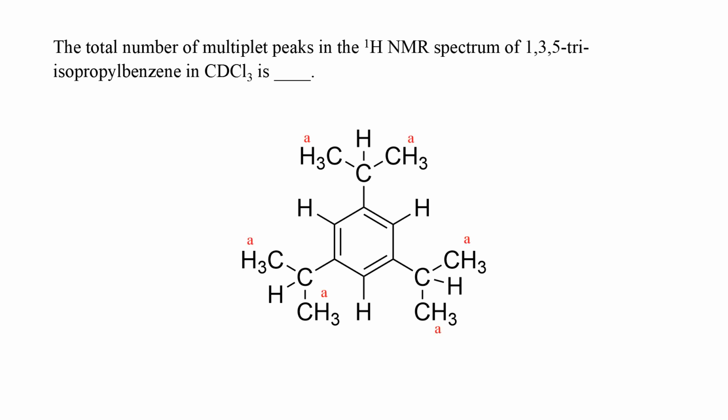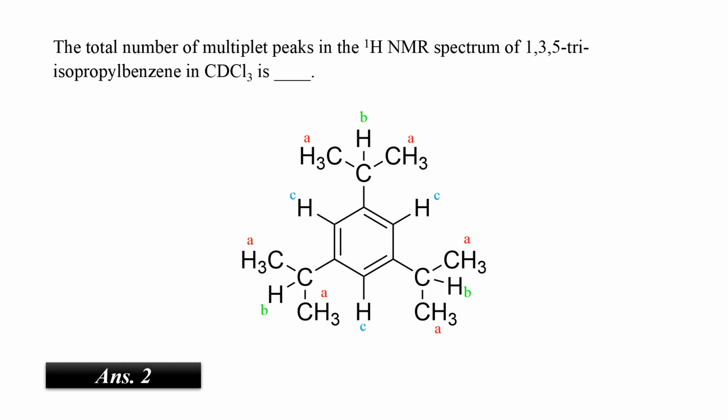So we have this group of hydrogens, A. Then we have this that we have labeled as B. Then we have another group of equivalent hydrogens, C. But you can see in this case that for C group of hydrogens, there is no neighboring hydrogen on the neighboring atom. So it will have a singlet peak. But the rest, that is for A group hydrogens and B group hydrogens, we will have multiplet peaks. So the total number of multiplet peaks will be 2.